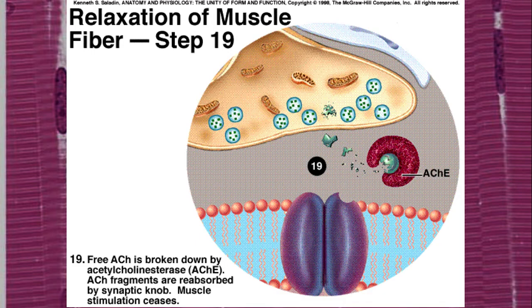So you're no longer depolarizing the muscle plasma membrane, the muscle sarcolemma, which means you're no longer opening the calcium channels off the sarcoplasmic reticulum, which means you're no longer putting calcium into the cytoplasm, which means you no longer have calcium down the troponin, which has moved tropomyosin out of the way. So the tropomyosin comes back, you close those binding sites, and the myosin comes off, no more muscle contraction.